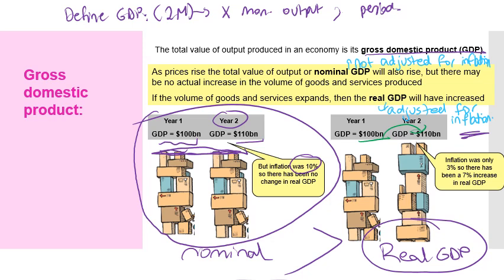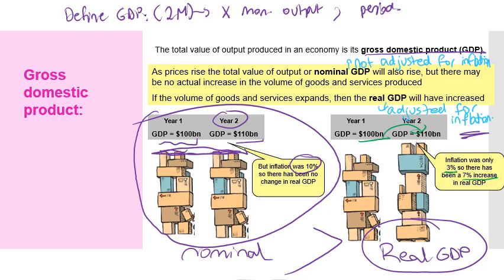The other 3 billion therefore would have been due to an increase in the real output of firms in the economy. So what's happening here? Inflation was only 7%. So there has been a 3% increase in real GDP.